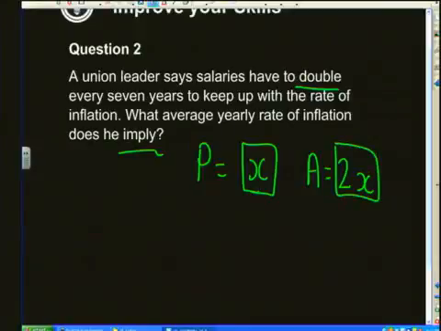Your X is just your placeholder. And every 7 years, we know that N is equal to 7. What average rate of inflation does he imply?